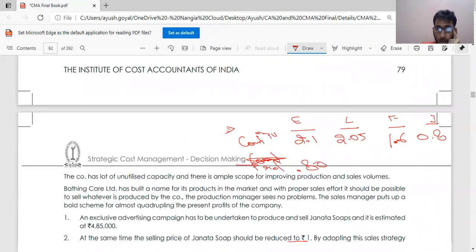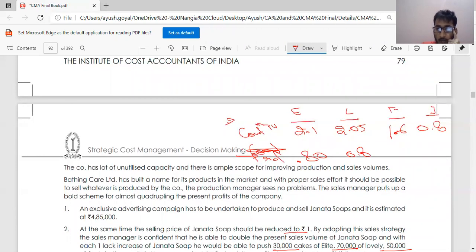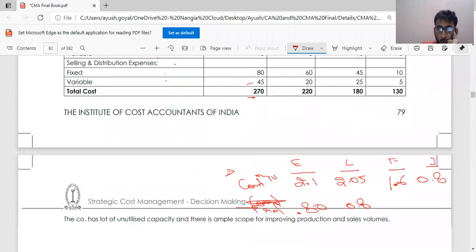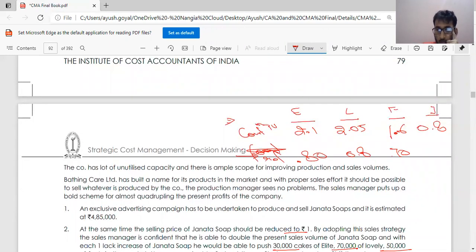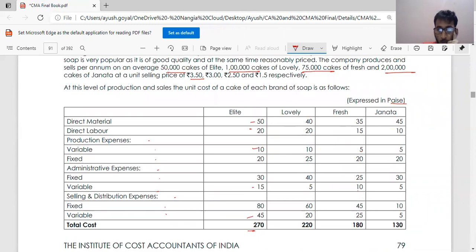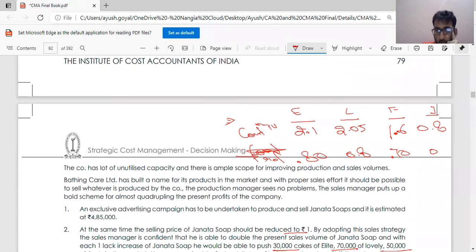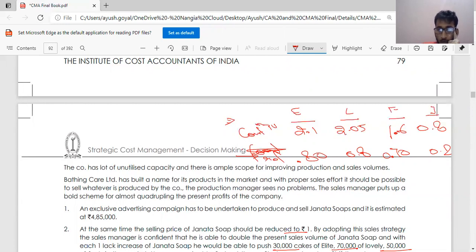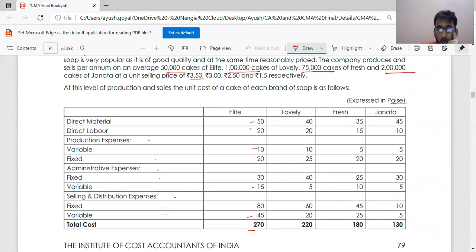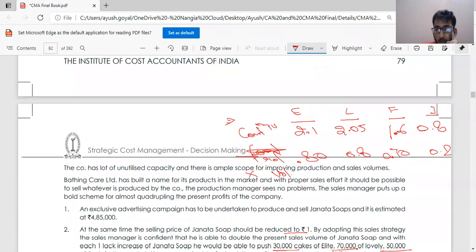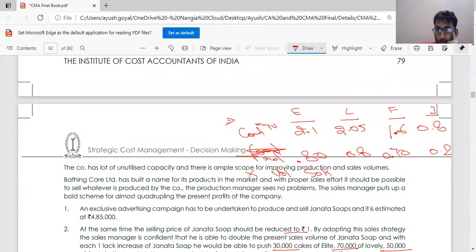It would be 80 paisa, here also 80 paisa, for this 70 paisa, and for here 20 paisa. Multiply it with volume: 50K, 1 lakh, 75K and 2 lakh.